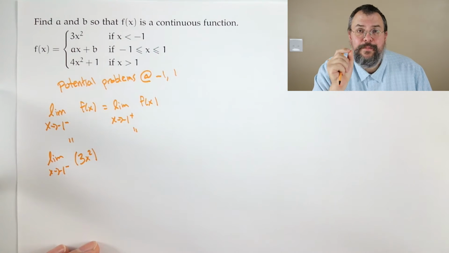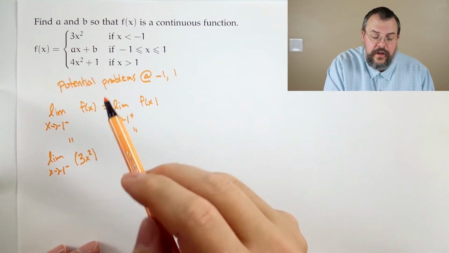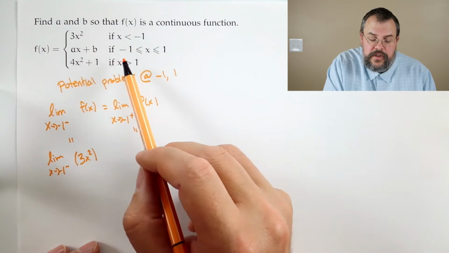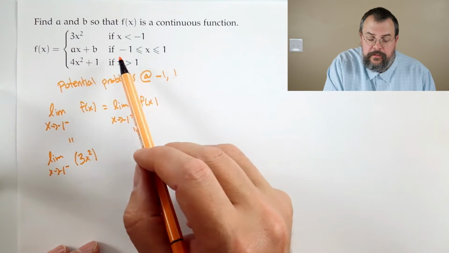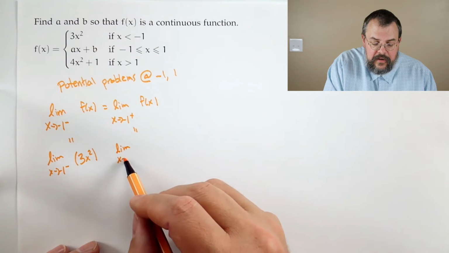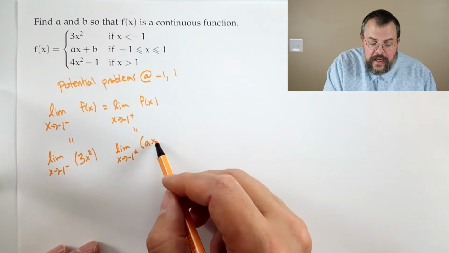What's happening nearby? So we want to know what's happening near to -1. So we're going to take the one that borders. So we want the part which is right bordering -1. So that becomes the limit as x approaches -1 from above of ax plus b.